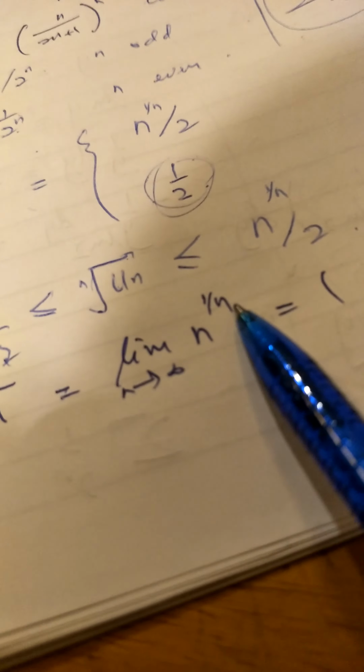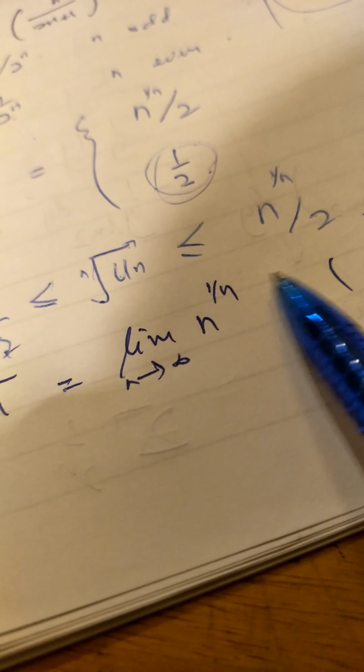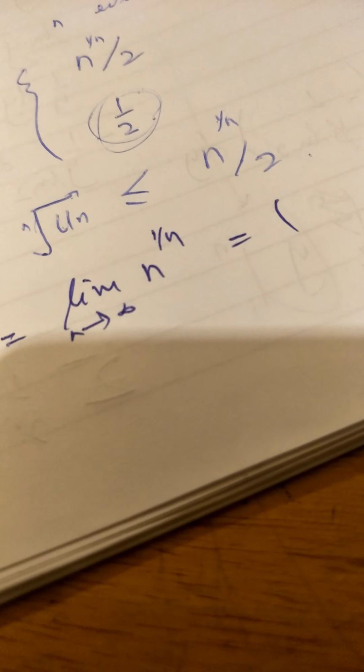Since you take the limit of n to the 1 over n as n goes to infinity, this goes to 1. It's not difficult to see this. When n goes to infinity, 1 over n goes to 0, so n to the power of 0, you get 1. So it's not difficult to see that.